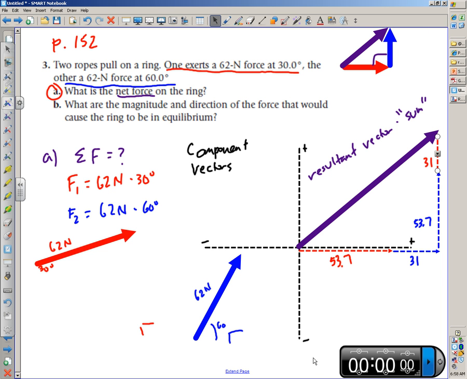Because we've broken these large vectors down into their components, everything is now either on the x-axis or the y-axis. Guess what? That makes this one big right triangle. And you guys know how to find an unknown side of the big right triangle.